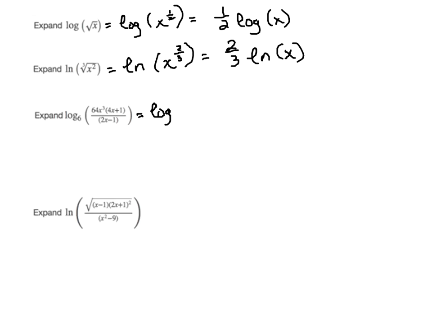Here I have log base 6 of my numerator, 64x cubed times 4x plus 1, minus the log of my denominator, log base 6 of 2x minus 1. And I have a product in that first log, so I can expand that out.